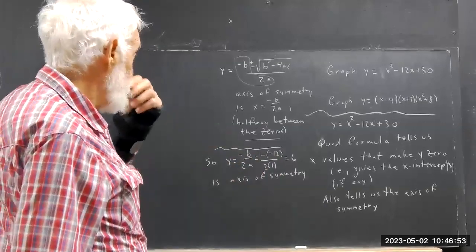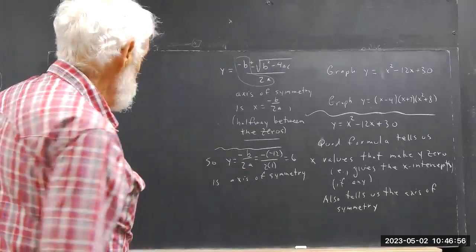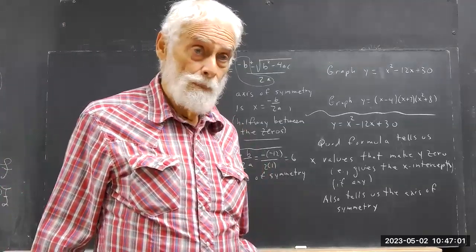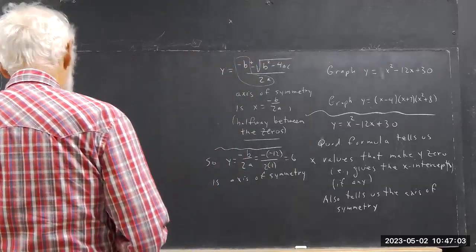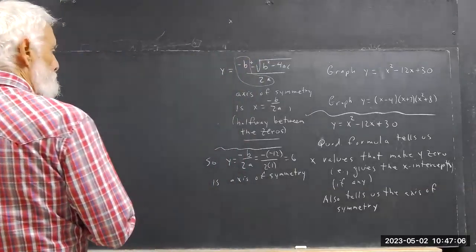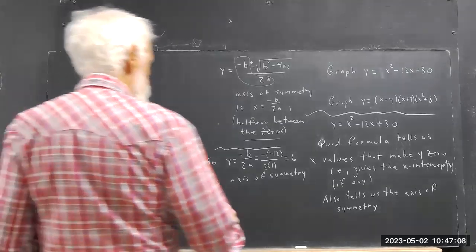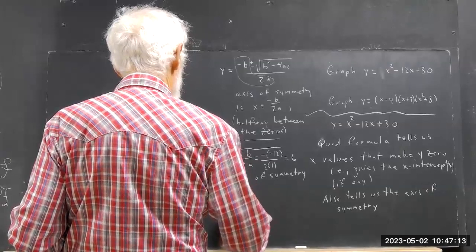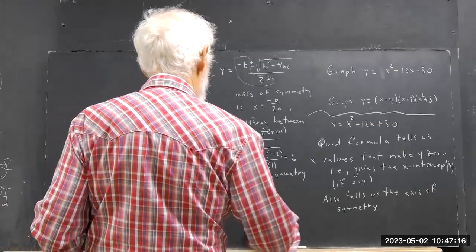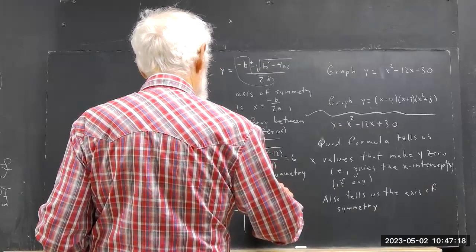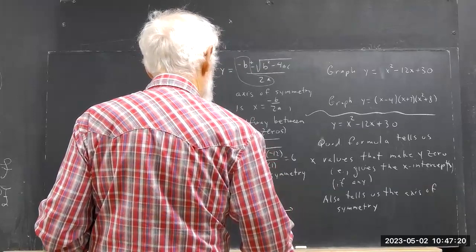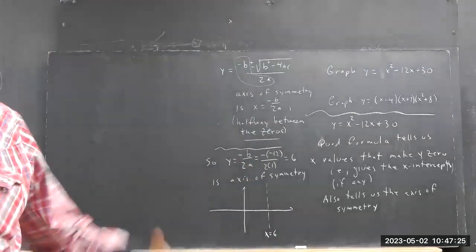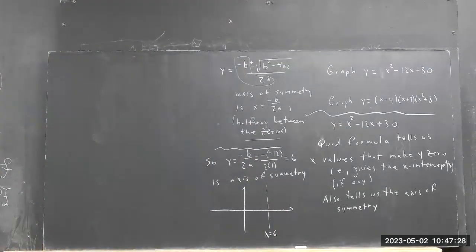this 6 is your axis of symmetry. That's, in some sense, where you want to start. So you sketch your axis of symmetry.